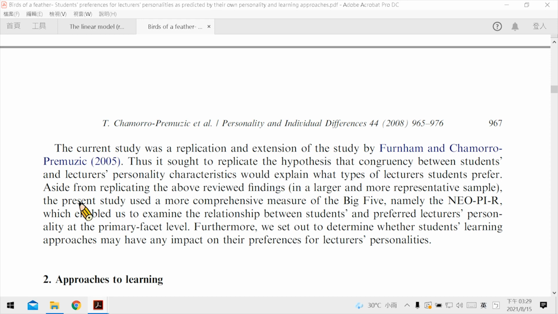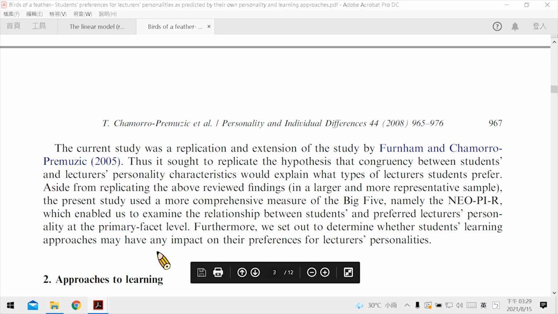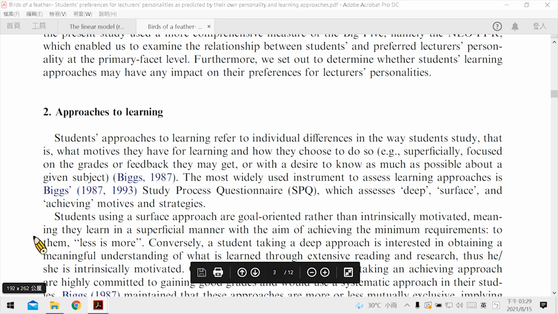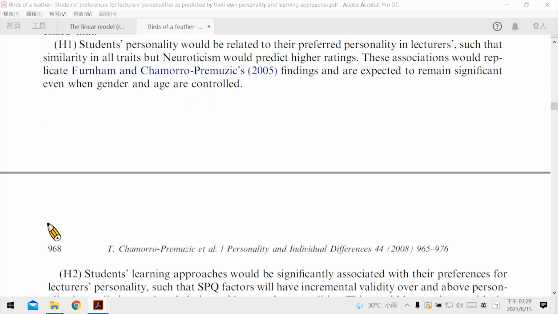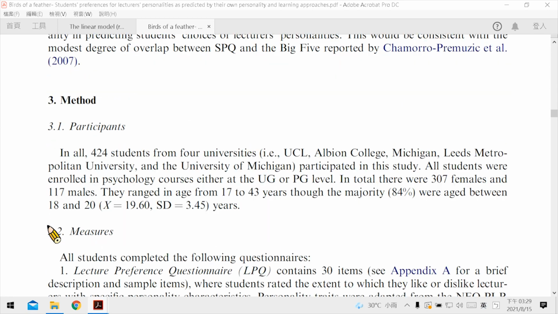So this present study uses a more comprehensive measure of the Big Five. Okay, it enables us to examine the relationship between students and their preferred lecturer personality at the primary factor level. This is the literature review, and also the method.